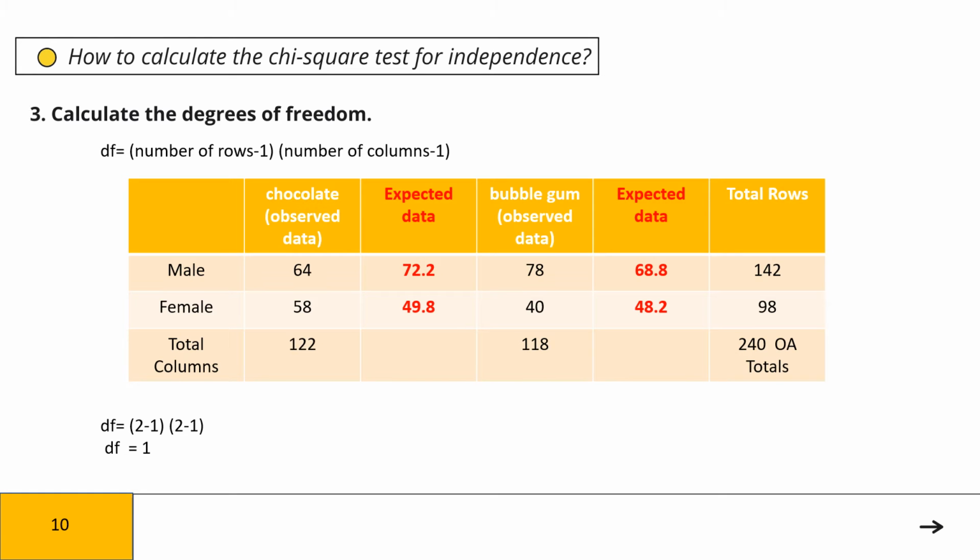The third step is to calculate the degrees of freedom. To do that, you take the number of rows minus 1, times the number of columns minus 1. With my table, I just have 2 columns and 2 rows. So 2 minus 1 is 1, 2 minus 1 is 1, and 1 times 1 is 1.